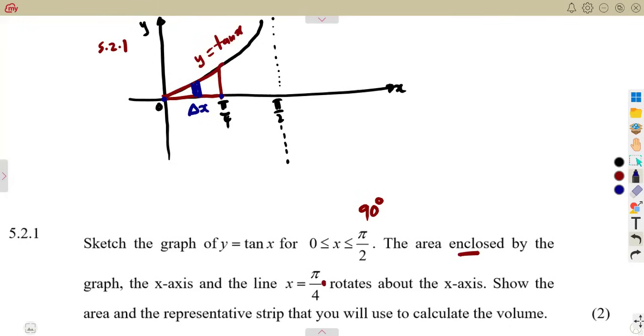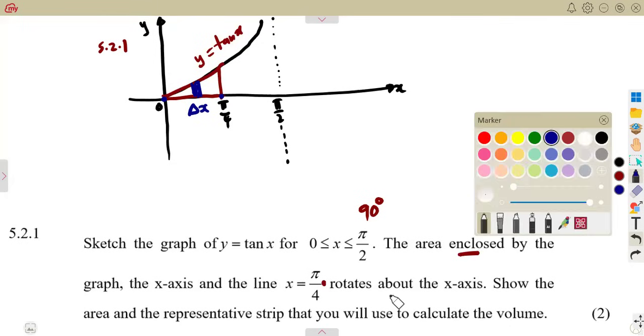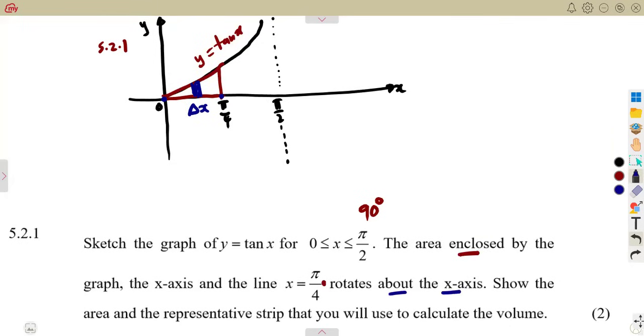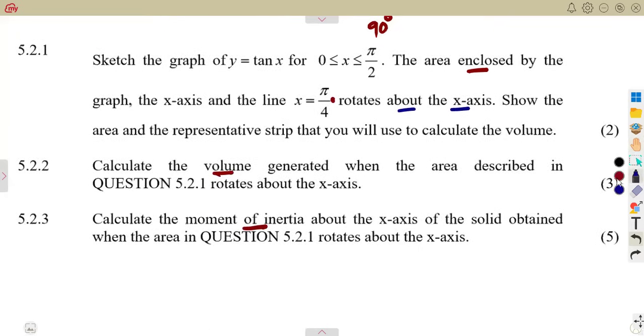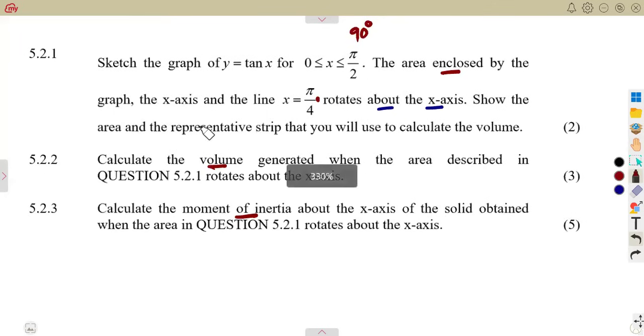So in this case, when this rotates about the x-axis, the volume or the part of the section that you're given, it is an advantage because the rotation and the strip are on the same platform, like they are corresponding to each other. So we can use the disk method to calculate the volume, which is the one they're asking on 5.2.